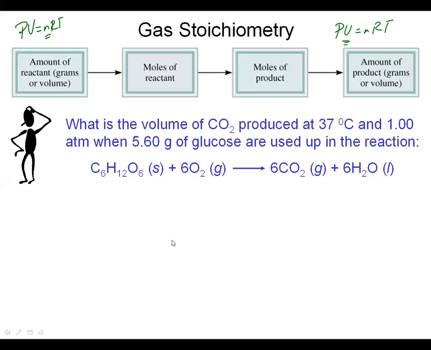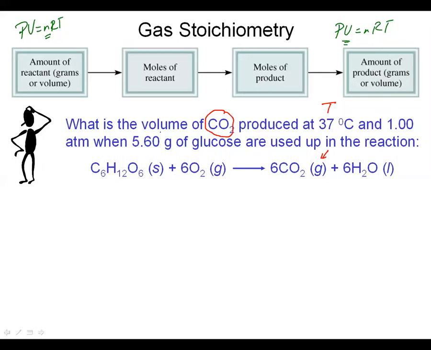So why don't we take a look at this particular problem here. What is the volume of CO2 that's produced at 37 degrees Celsius, 1 atmosphere, and we have 5.6 grams of glucose. So if we think about the information given to us, we're looking for CO2 here. CO2 is a gas, and we have a temperature given to us.